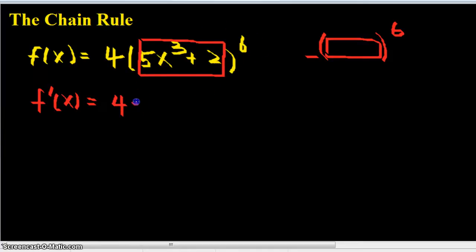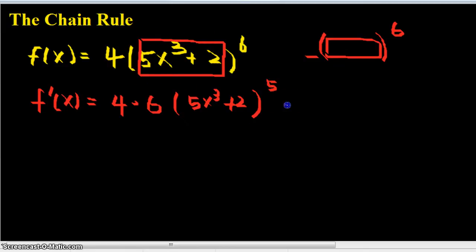The 4 stays there, and the 6 comes down, so 4 multiplied by 6, and we copy the box itself, which is 5x cubed plus 2. Then I drop the 6 minus 1, so I will have 5.